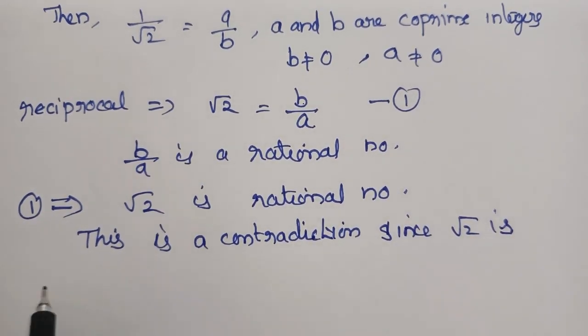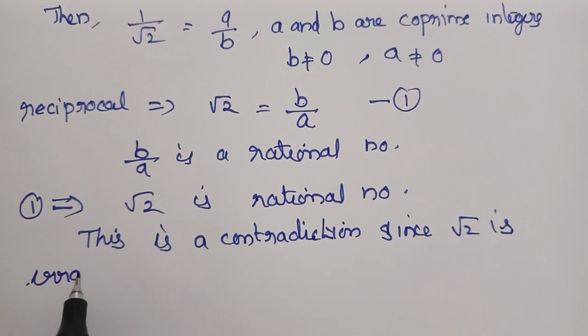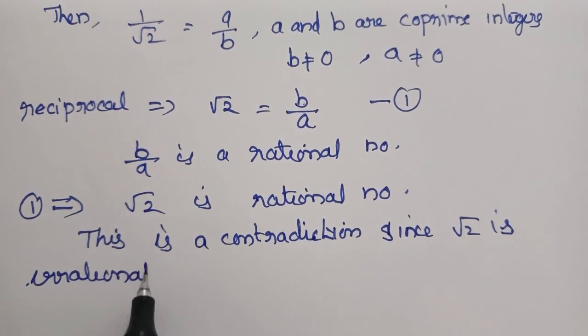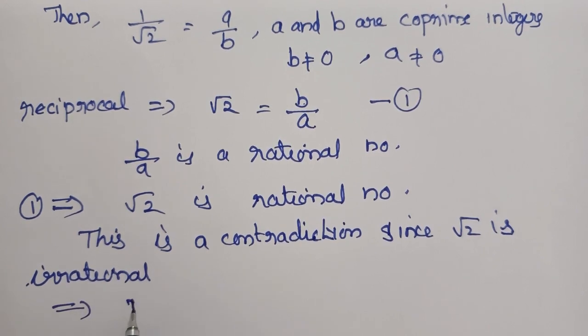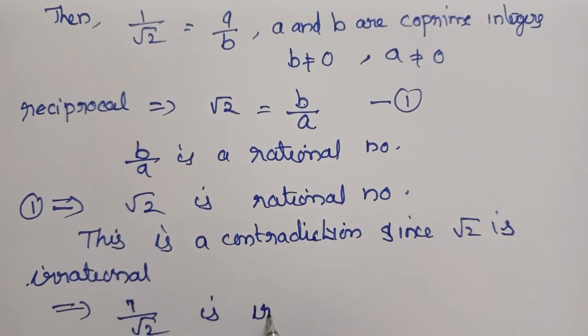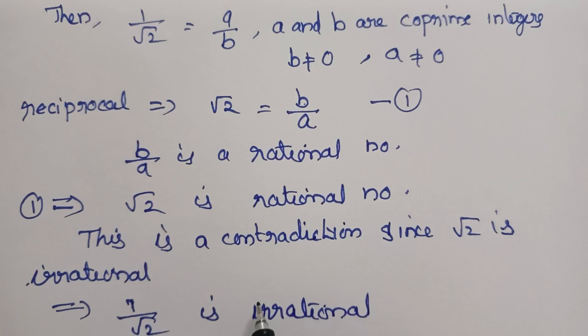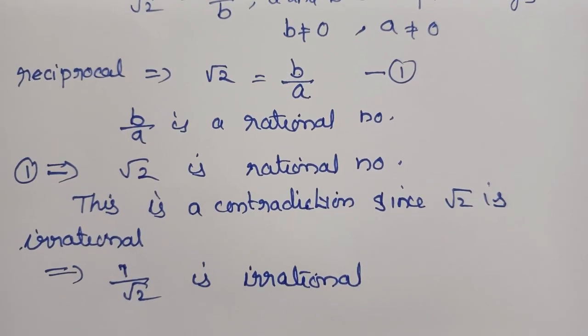Therefore, this contradiction shows that our supposition is wrong, so 1 by root 2 is irrational.